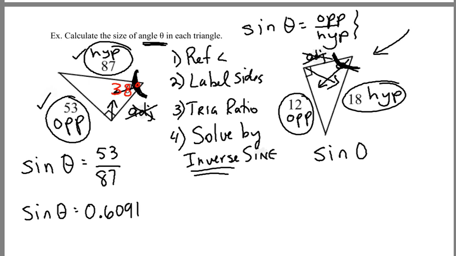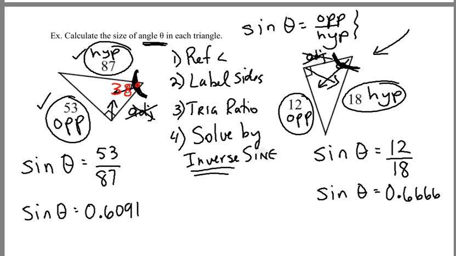So sine theta is opposite 12 over hypotenuse 18. So if you want to work with the fraction form, it'll work. If your calculator won't do that, some calculators require you to have the decimal. We're going to work with 0.6666.